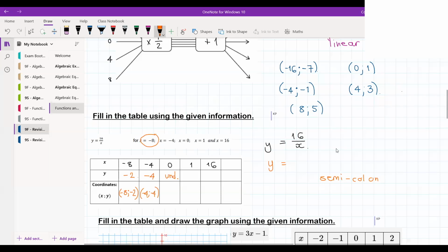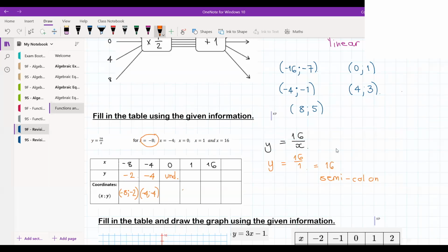Okay, let's do the next one. Are you ready? For 1, what would happen if we put 1 in? What would our y value be? 16. Good, it would be 16, but now you have to give it to me in coordinate form.